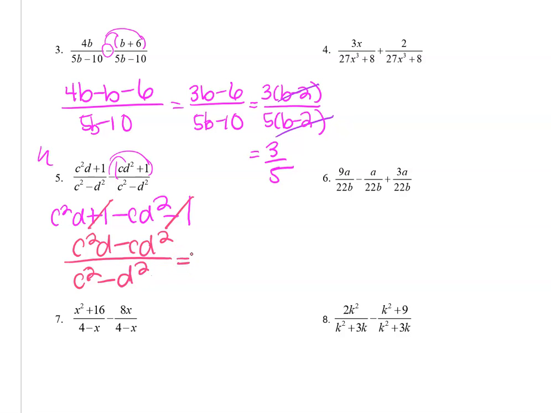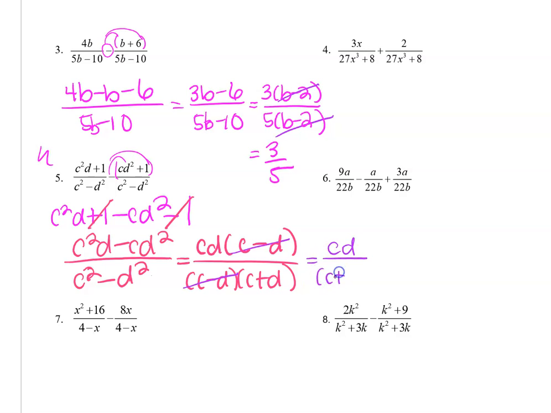And then I factor to see if I can get stuff to cancel. So in the numerator, I can pull out a cd as a GCF. In the bottom, that's dots. The c minus d's will cancel, and that leaves me with cd over c plus d, and you're done. You cannot reduce that any further. And again, that's because of that addition sign in the bottom.